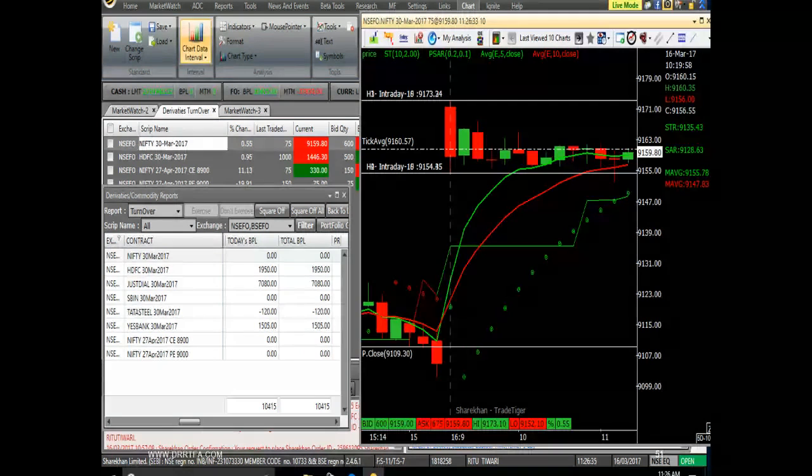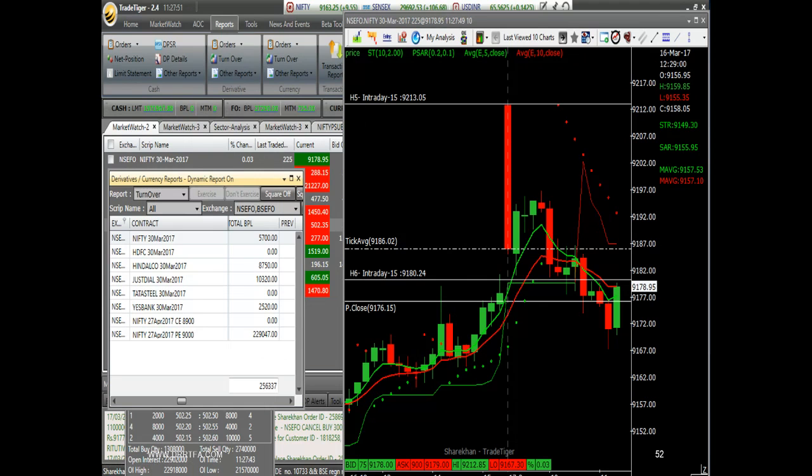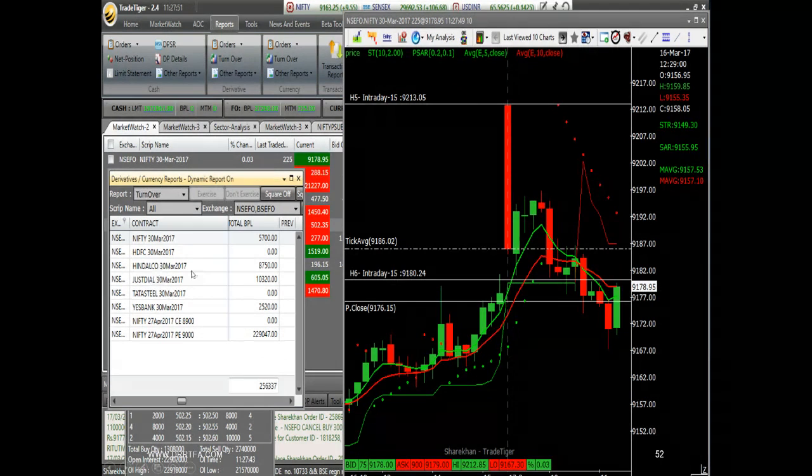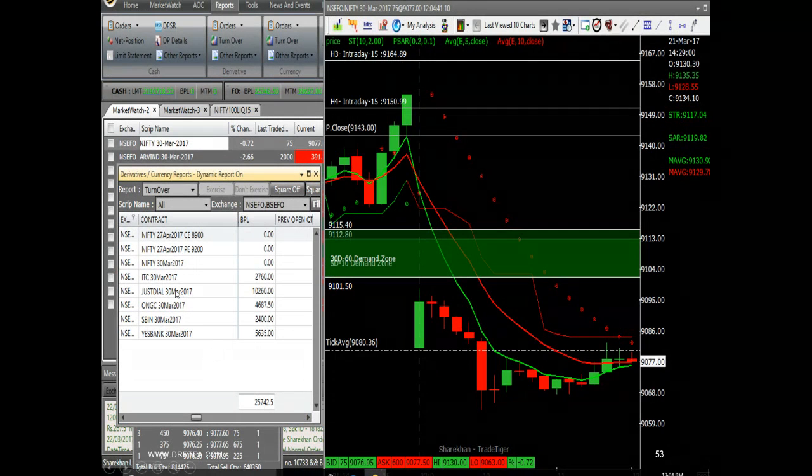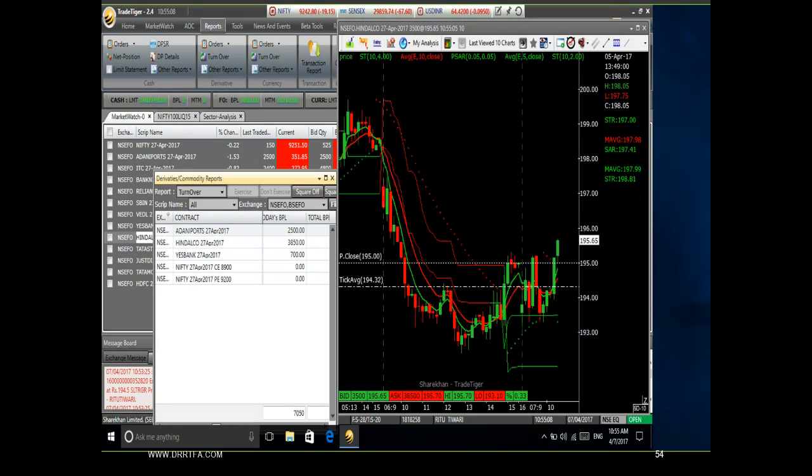Another example, 10,000 rupees, dealing with Just Dial, HDFC, Just Dial Future, Tata Steel, Yes Bank. 25,000 in the Nifty, Hindalco, Just Dial, Yes Bank, Nifty call and put options. 25,000, ITC, Just Dial, ONGC, SBI, Yes Bank, Adani Ports, Hindalco, Yes Bank, Nifty Strangle.